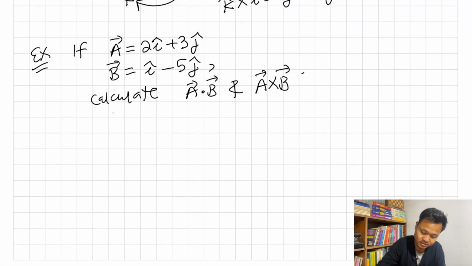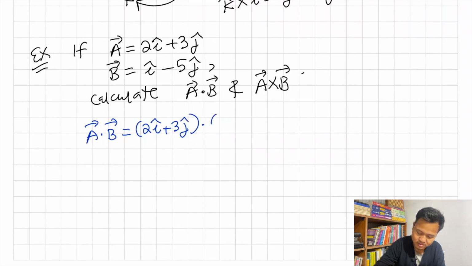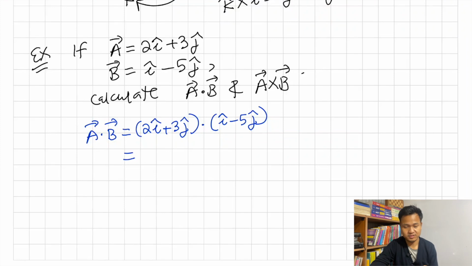So what is a dot b? a dot b is nothing but 2i plus 3j, dot i minus 5j. Simply remember, whenever you do a dot product, i dot i is 1, j dot j is 1.